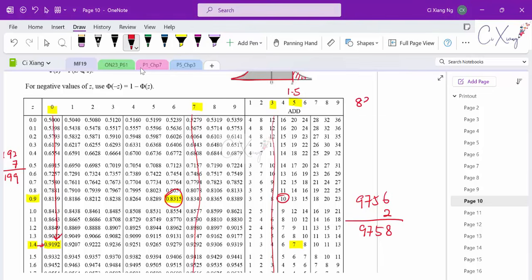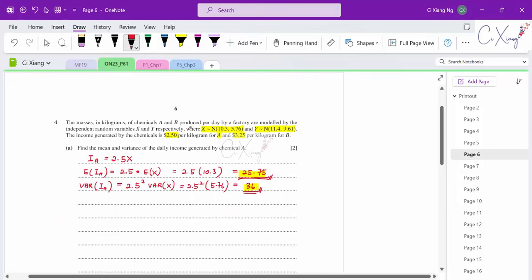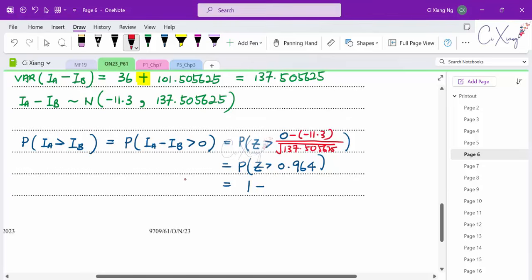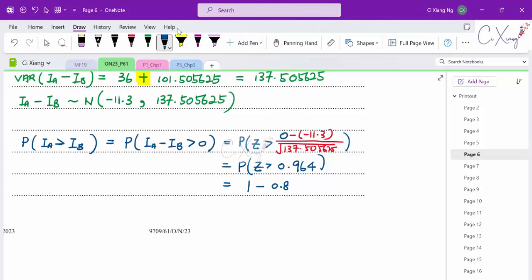So that means you take 8315 plus 10 as the last two digits. So you're having 8325. They are looking for greater than, so I have to take 1 minus 0.8325, the value that we get from the table just now. Then by right, you are having 0.1675. Or usually I will keep it to 3 significant figures, which is 0.168.